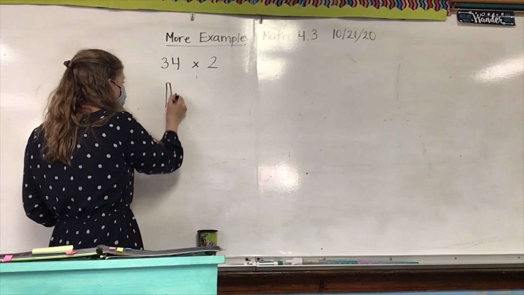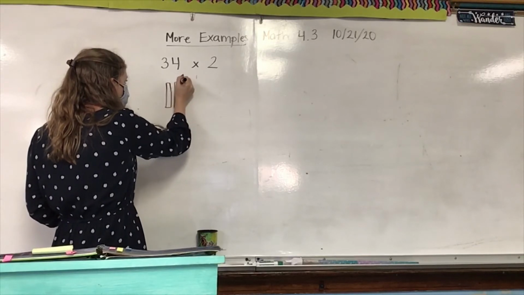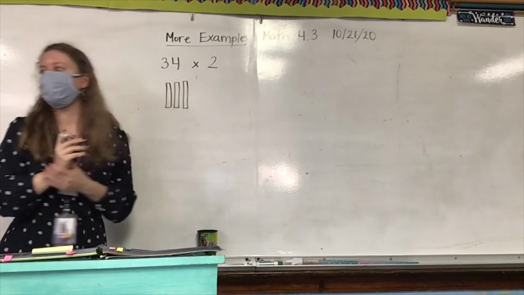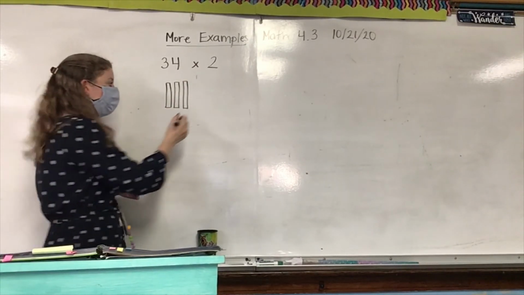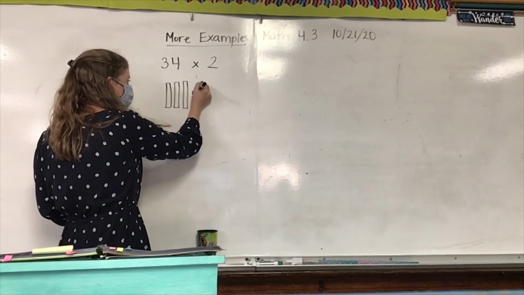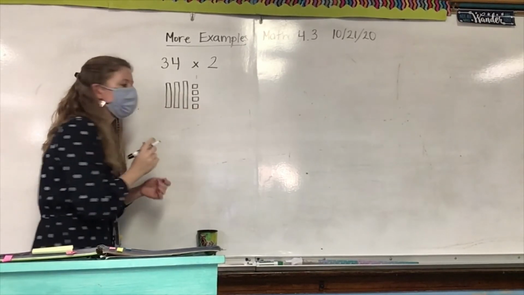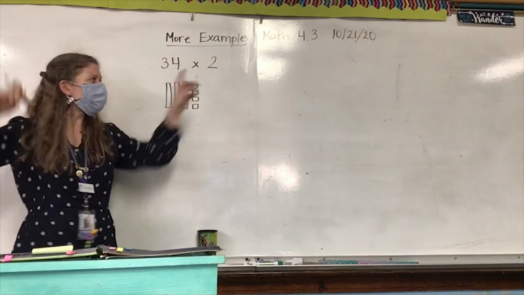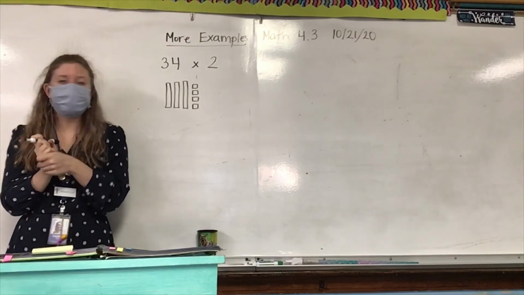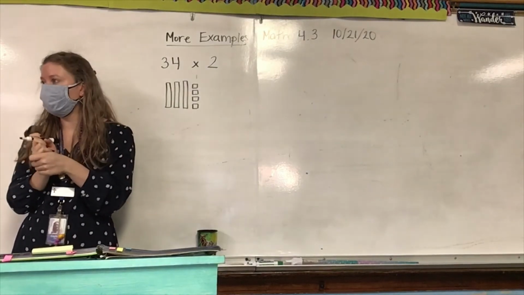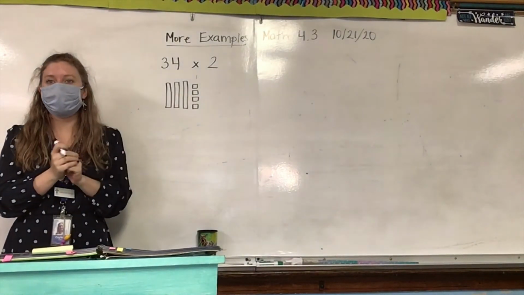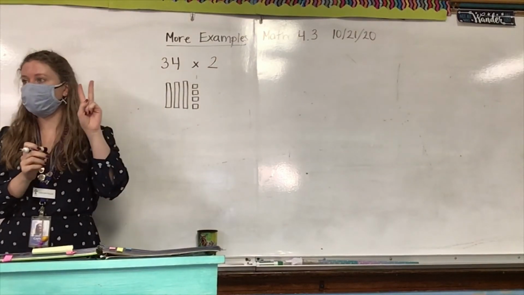1, 2, 3, and 4 ones. So now I have 34. Now do I model 2? No. What does that 2 mean? I have to repeat my model for 34 two times.